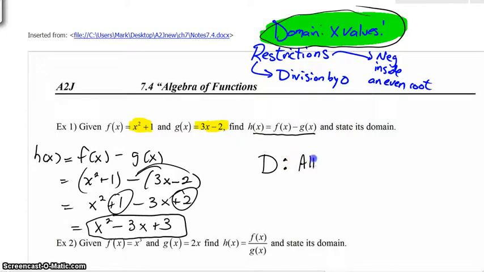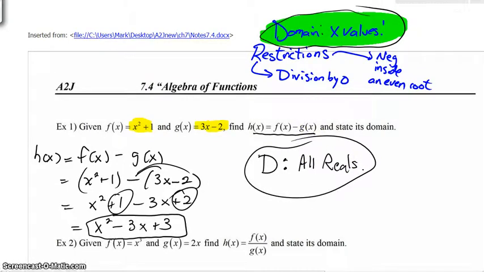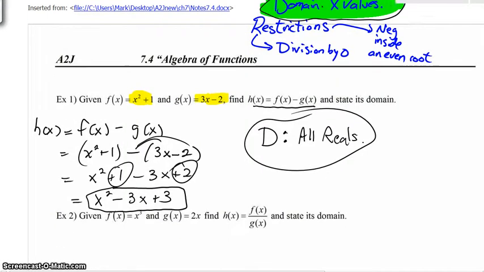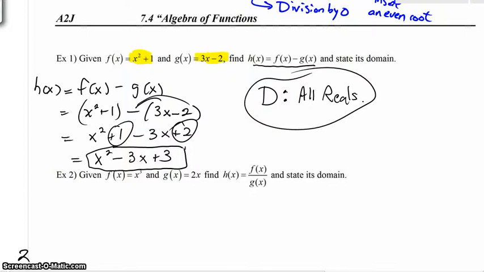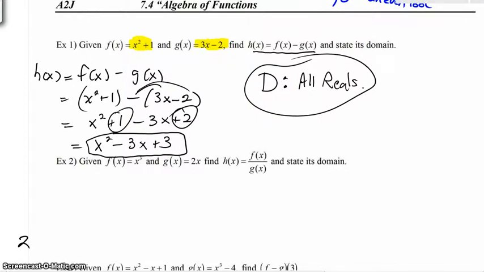So honestly, the most common domain answer that we're going to see, at least in this section, would be all reals. There are exceptions, we're going to see that in a moment, but more often than not, if you don't wind up with any fractions, if you're just adding or subtracting functions together or multiplying them, you'll see that your domain is all reals.